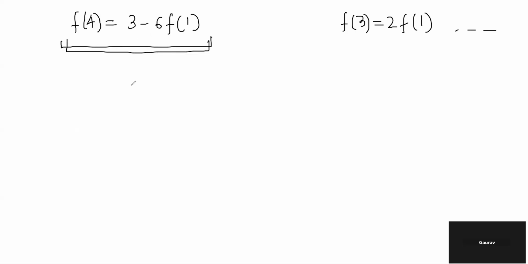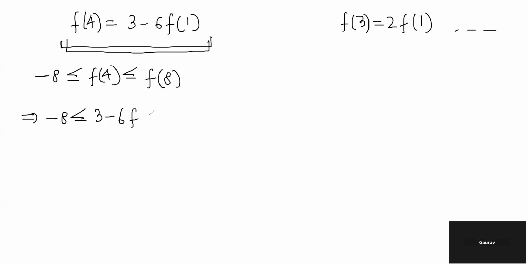So notice from here, we can decide what are the possible values that f of 4 can take, because I know already that all the f values are between -8 and 8, right? So I can say f of 4 will be between -8 and 8. And from there, we can say -8 is less than or equal to 3 minus 6 times f of 1, less than or equal to 8.